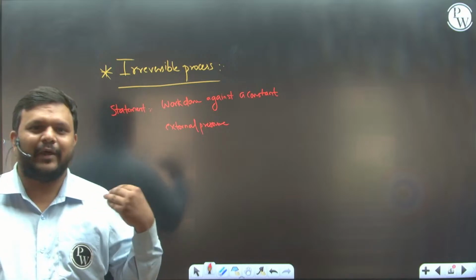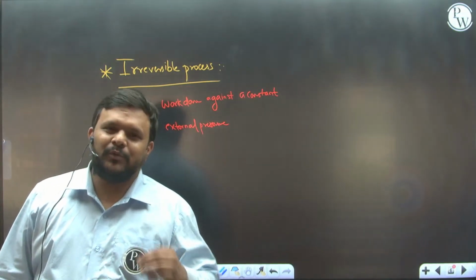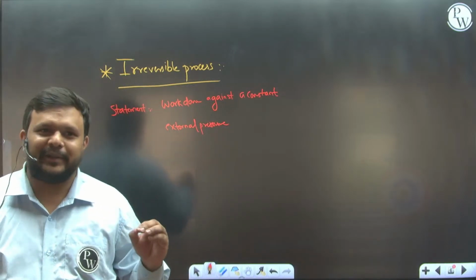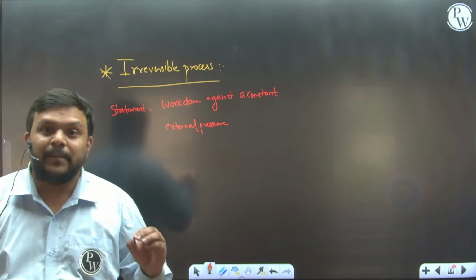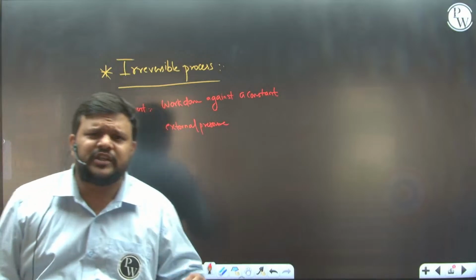Somewhat they will write down isothermal, adiabatic, they will confuse you. But you must be thinking, oh, so they have written adiabatic, isothermal. The important point is if they have written the statement, work done against a constant external pressure.